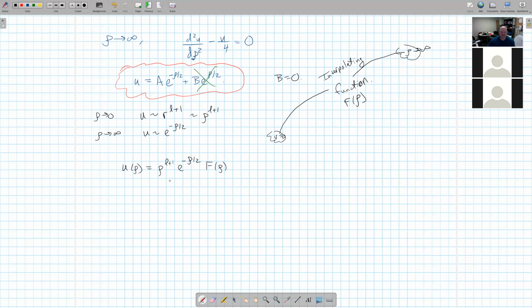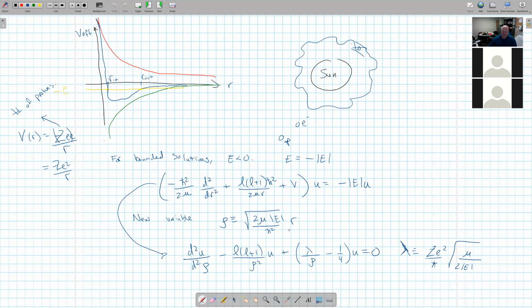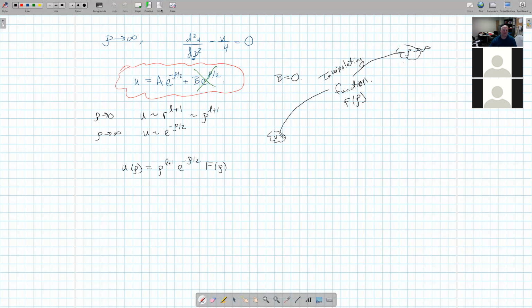This is the rho goes to 0 limit, this is the rho goes to infinity limit, and this is the one which interpolates between the two. So now we have to take this solution, plug it back into this differential equation, and come up with restrictions on what f can be.